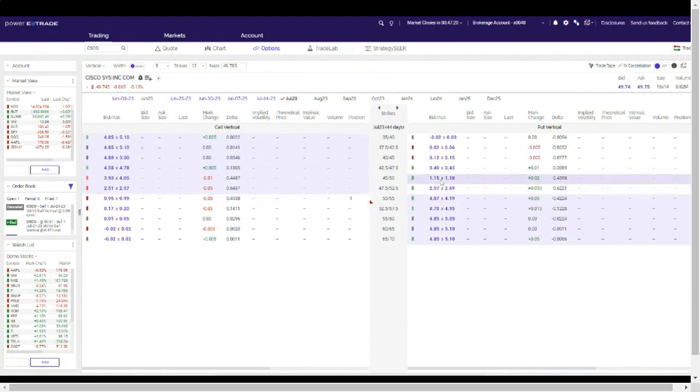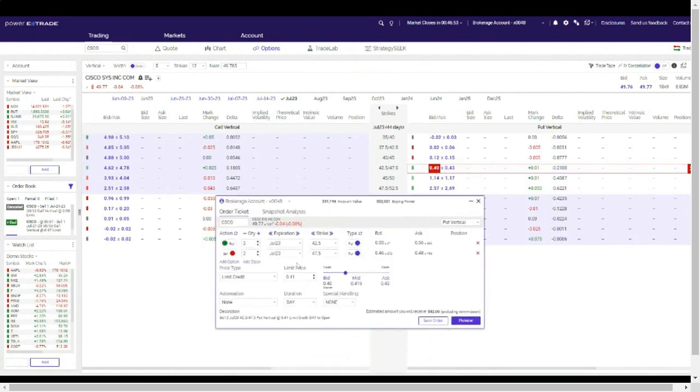So if I wanted to turn this into an iron condor, I might consider selling the 47.5, 42.5 put spread. And to create that order in one click, simply click on the bid side of the 42.5, 47.5 put spread side, and it builds my trade.